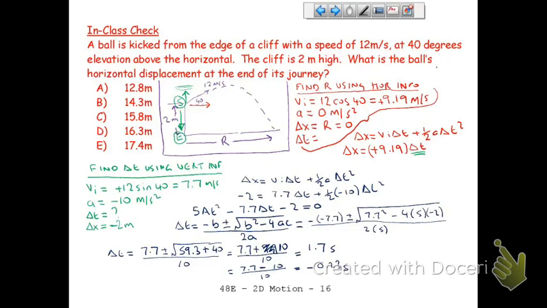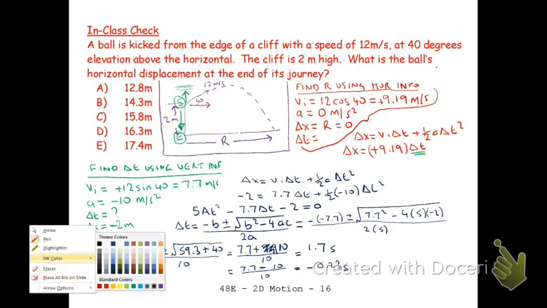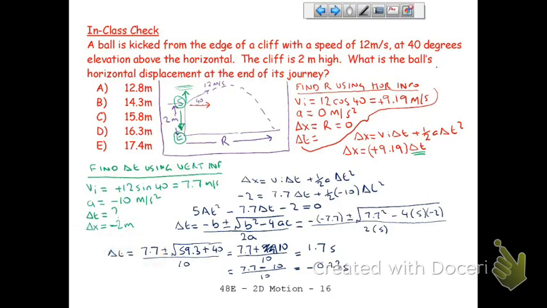But we can. So then we say, aha, final step. Let's do it in a nice blue. Delta x is equal to plus 9.19 times 1.7.